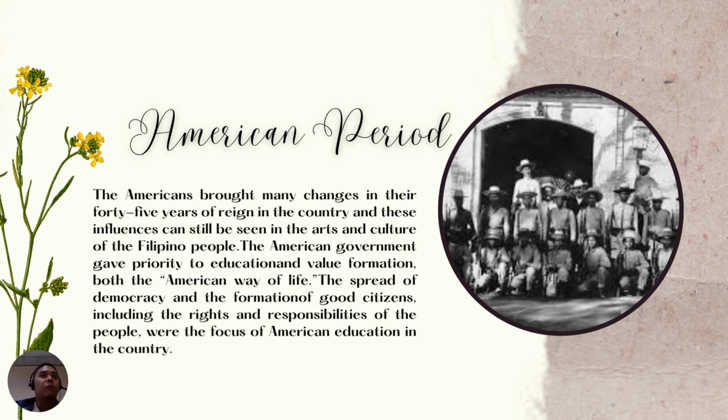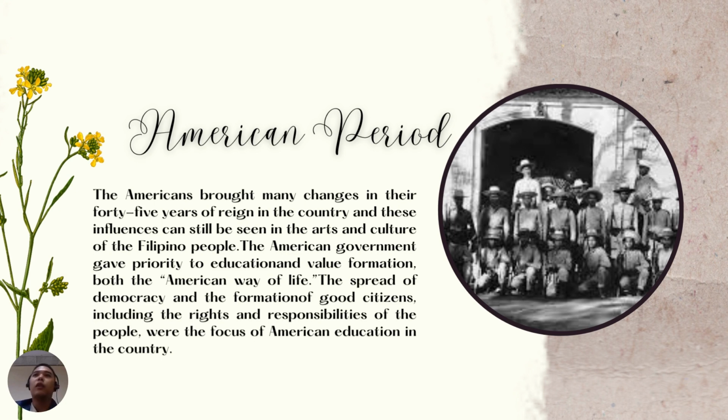The American government gave priority to educational value formation. The American way of life, the spread of democracy, and the formation of good citizens, including the rights and responsibilities of the people, were the focus of American education in the country. Also, during the Spanish period, the Spaniards had given enormous land properties to the Catholic Church.